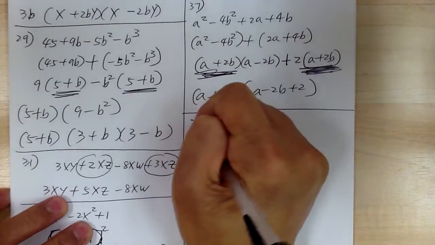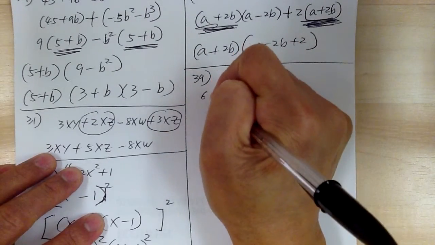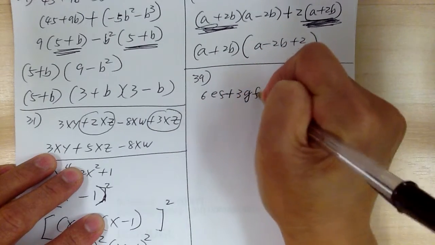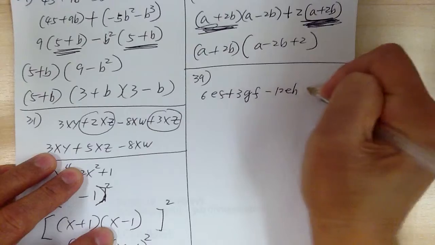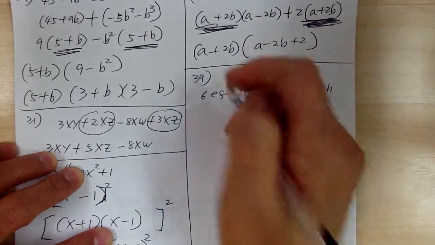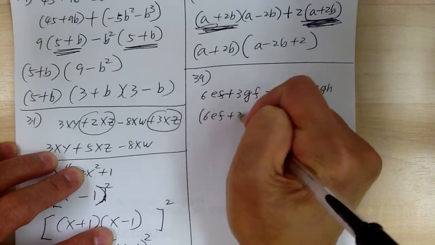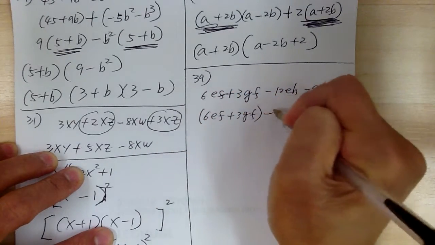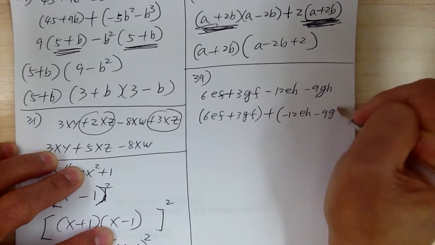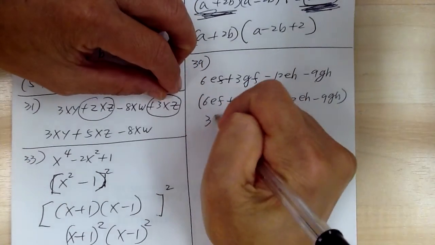Okay, number 39. You got 6EF plus 3GF minus 12EH minus 9GH. So again, 4 terms, so step 1, common factor cannot. So step 2, grouping. Okay, so factor out the 3f.